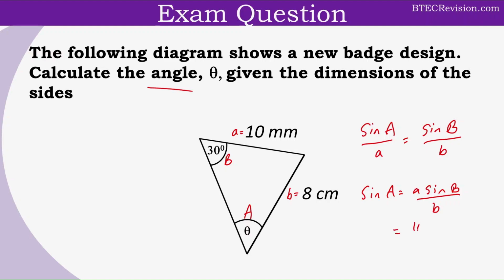We know a is 10 millimeters. Now, if you note here, we've got millimeters for a and centimeters for b. So it would make a lot of sense to convert these units to the same unit. We'll convert it to meters. So we know that 10 millimeters is actually 10 times 10 to the power of negative 3.